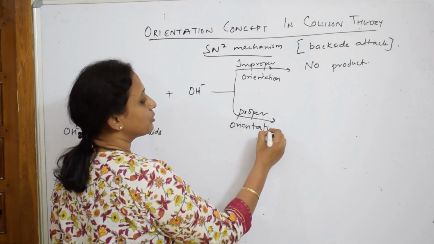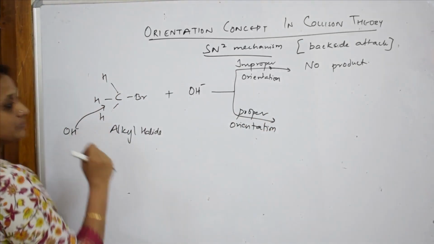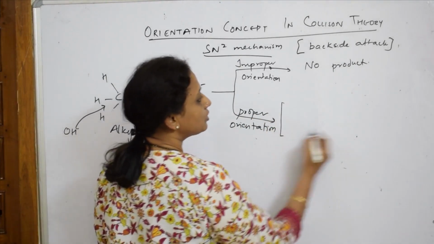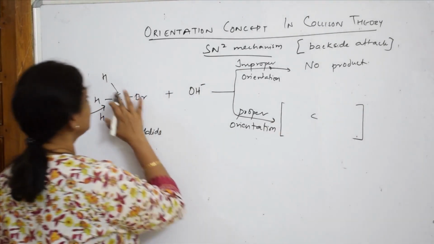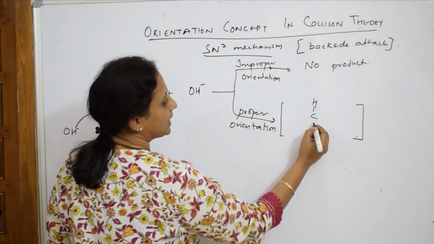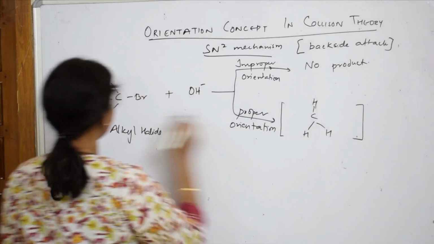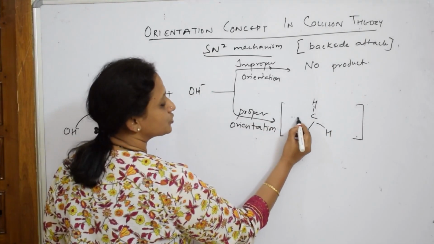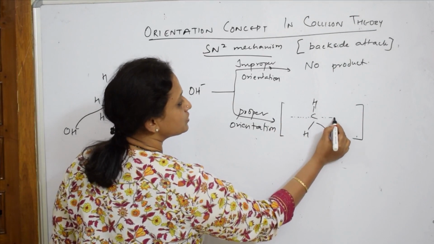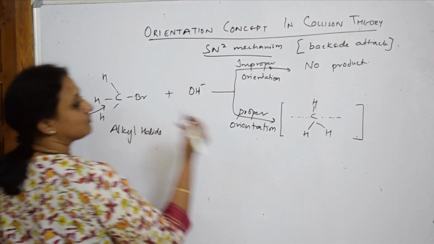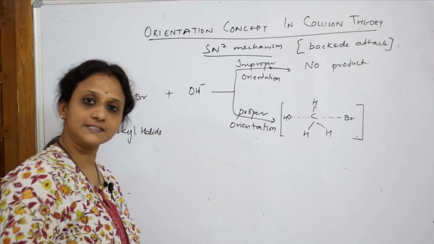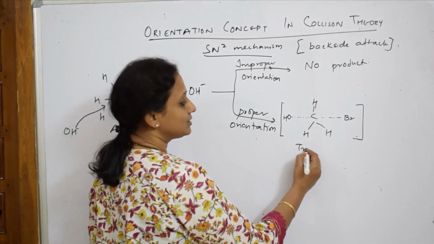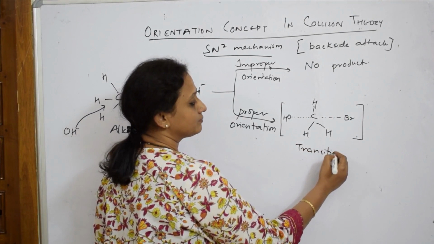So in proper orientation, if it is attacking from here, first it is going to form a transition state. The carbon is in the center, one hydrogen above and two hydrogens below, with one OH here and one Br here. This is called the transition state.